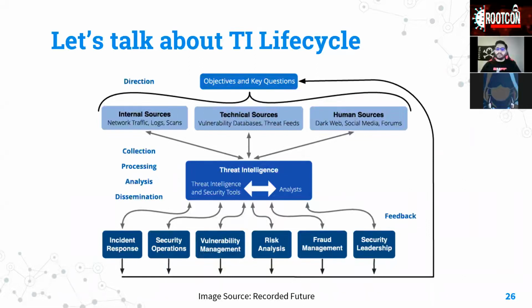So first is direction. Here you identify different dark web forums, you acquire access, you make accounts, etc. And then you start with your collection, you start your Sc0rpi, you start collecting data, you process data, you process your HTML elements, and you analyze using different NLP and machine learning techniques.